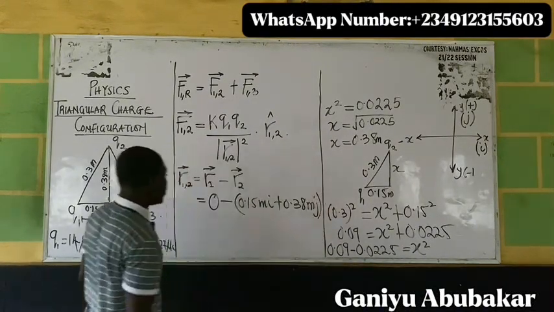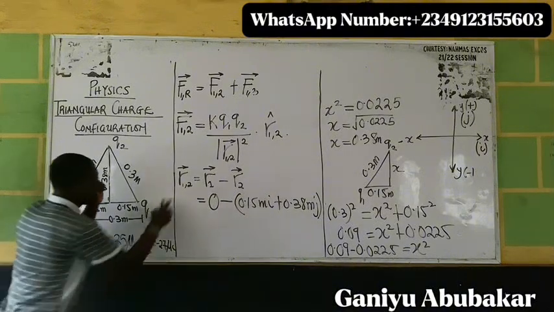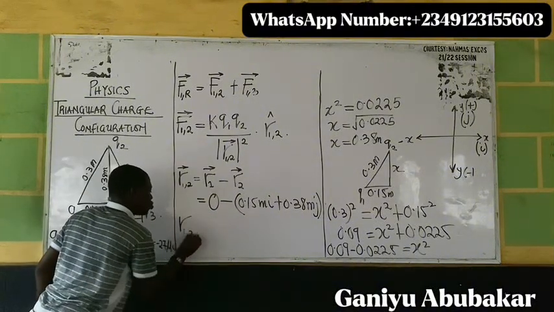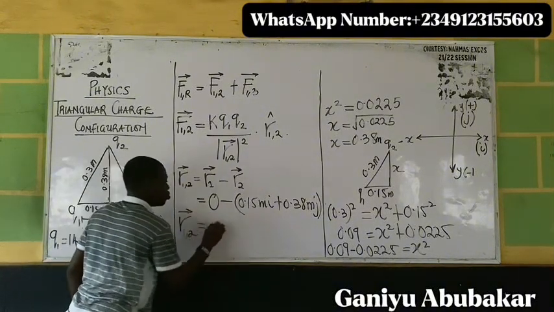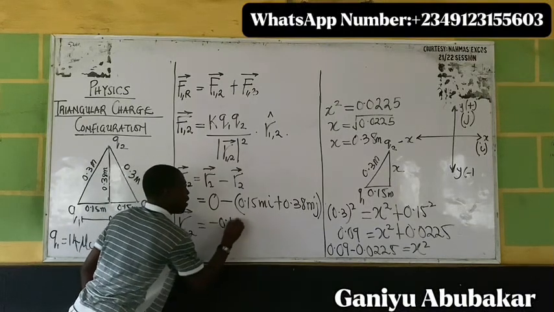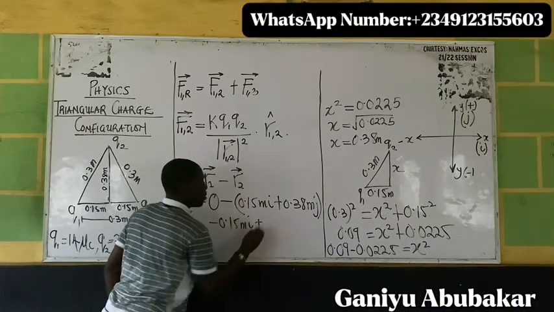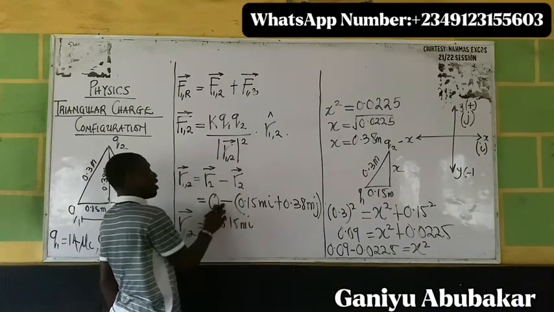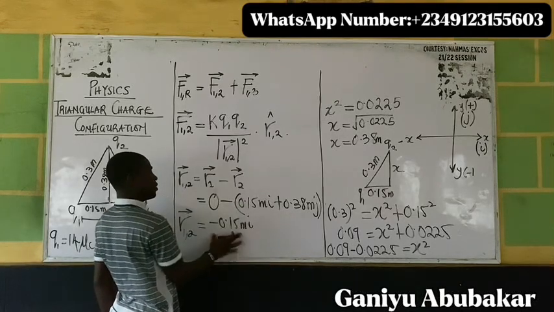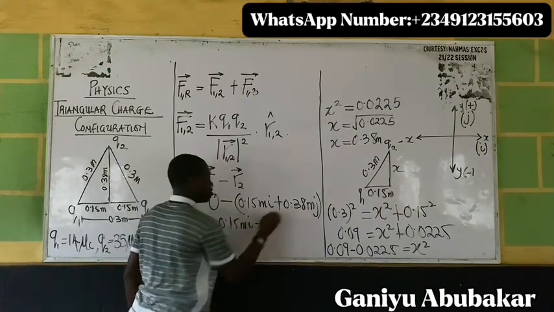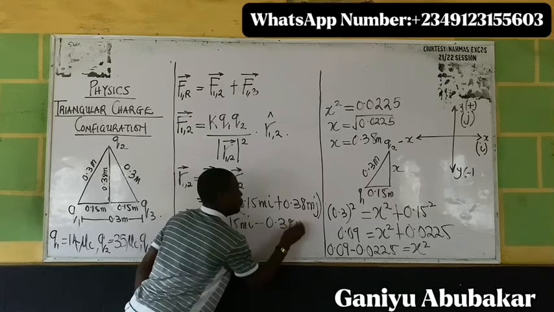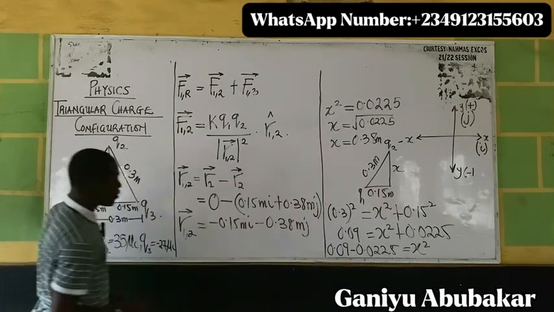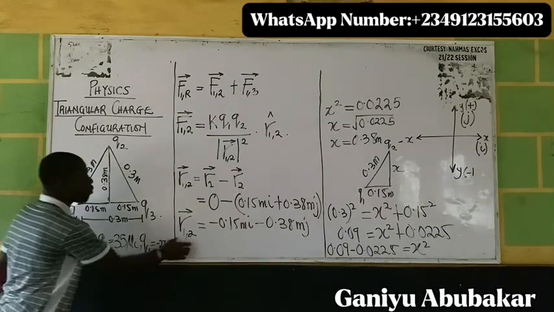Proceed, please. Let's get R12. So R12 is equal to minus 0.15 meters i plus, minus times minus, minus plus is minus 0.38 meters j. All right. I've gotten the value of R12.